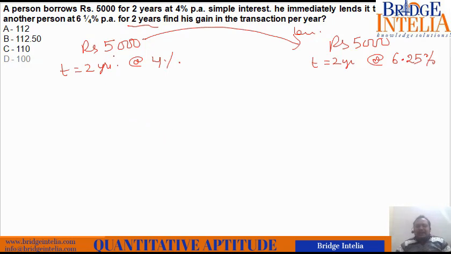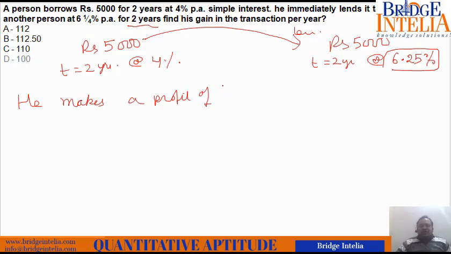So per year he is paying 4% to the bank, but he is getting 6.25% from his customer. So the additional amount he makes is a profit of 6.25 minus 4% of the principal amount per year.